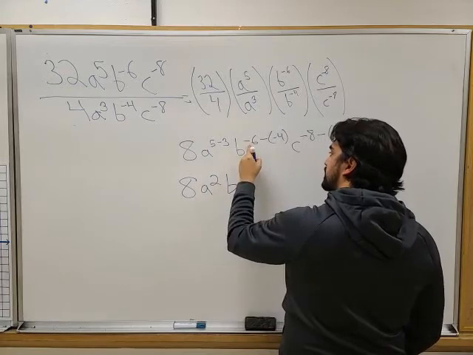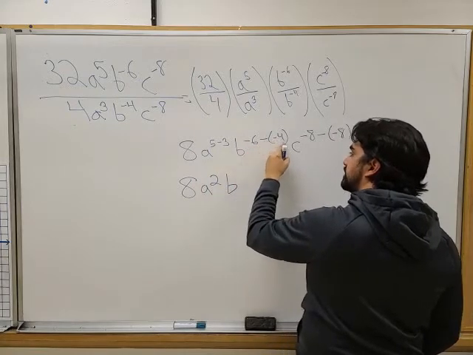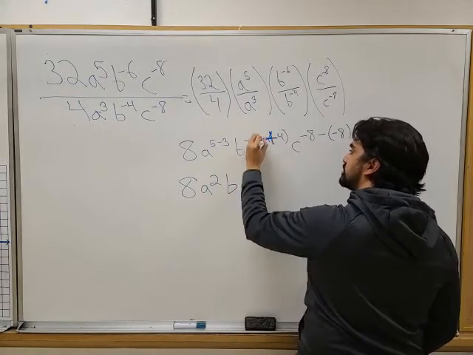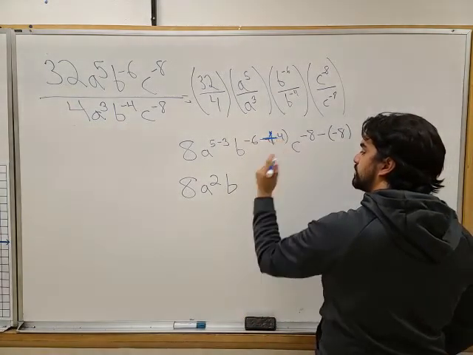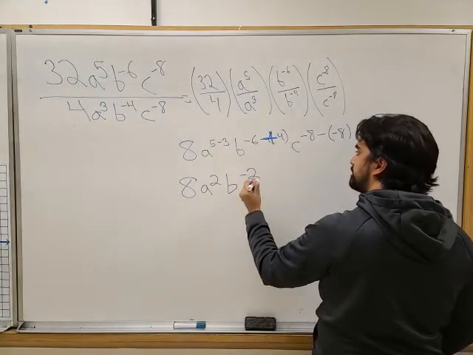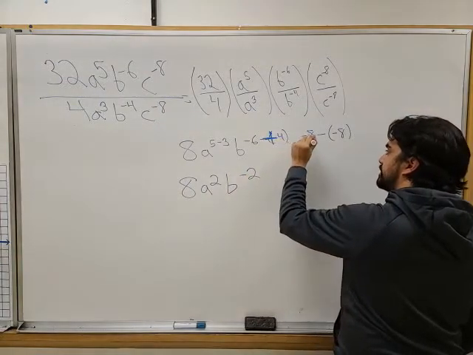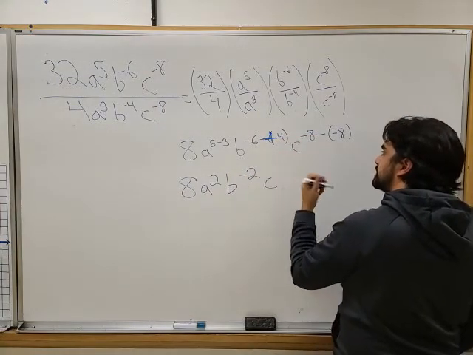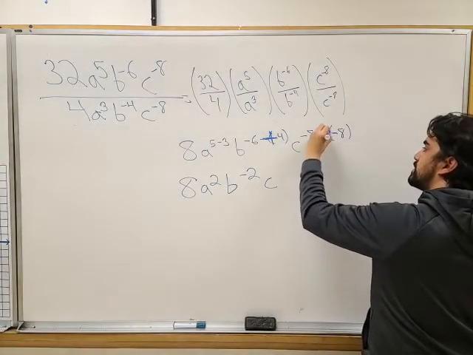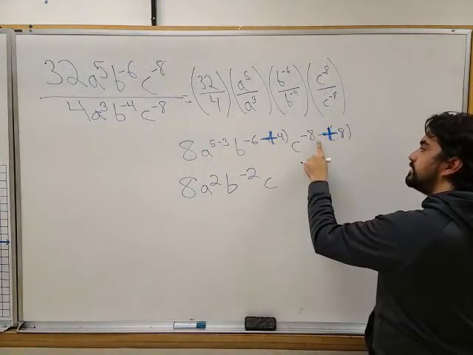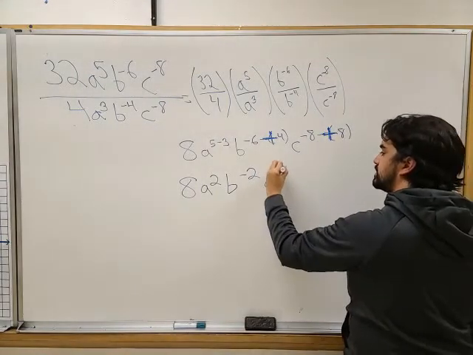For b, negative 6 minus negative 4: minus a negative turns into a positive, so negative 6 plus 4 gives us negative 2. For c, negative 8 minus negative 8: minus a negative turns into a positive, so negative 8 plus 8 gives us 0.